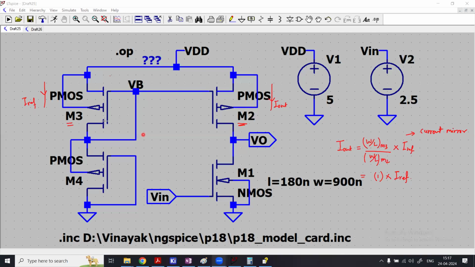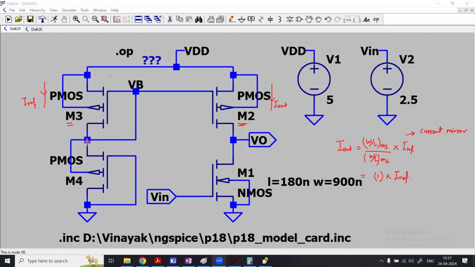So what is happening here, W by L ratio here and here, that's the same. So if I apply 5 volt as a VDD here, the same current will flow, and therefore the VGS of this transistor will be equal to the VGS of this transistor.